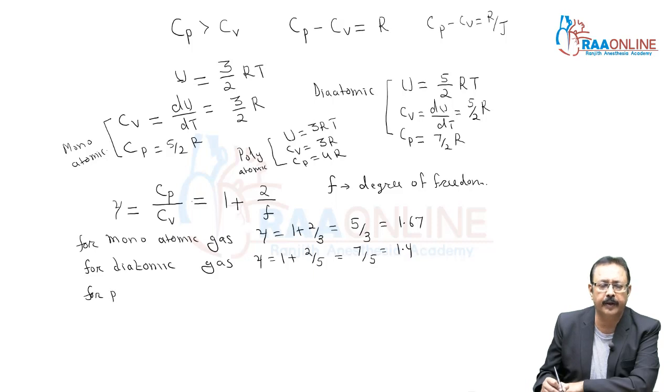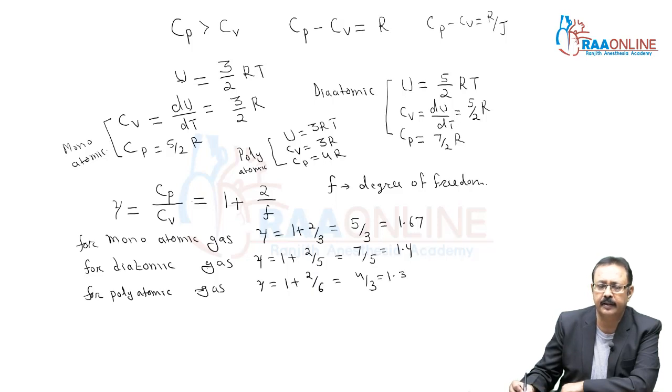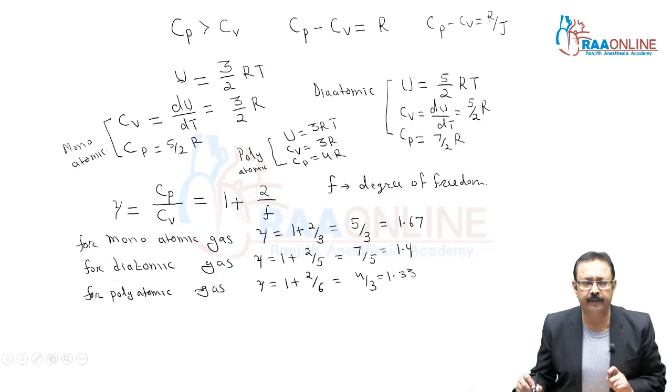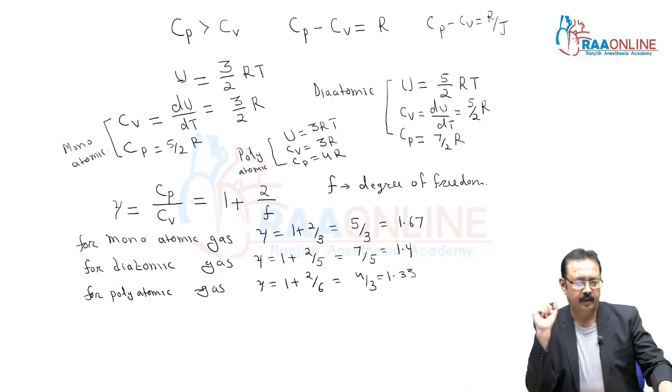For polyatomic, degree of freedom is 6, so gamma is 1 plus 2 by 6, means 4 by 3, which is 1.33. So these were some very important results.